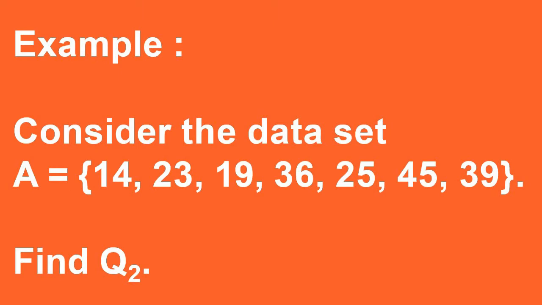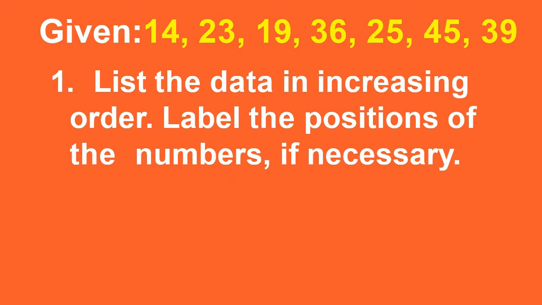Example, the same data, 14, 23, 19, 36, 25, 45, 39. Let us find the second quartile, or the middle quartile, or the median. Let us again list the data in increasing order, same as what we have done a while ago. Then label the positions of the numbers if necessary.